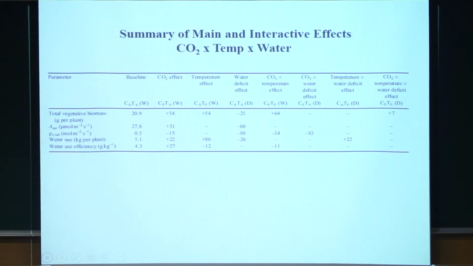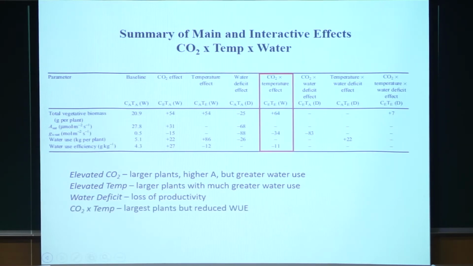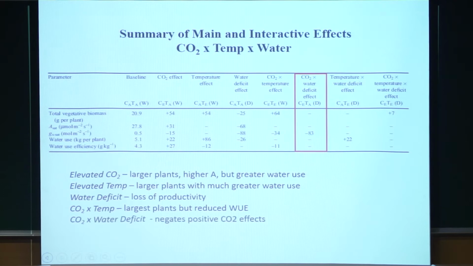So just to summarize the main and interactive effects of this, we found that elevated CO2 gave us bigger plants with higher photosynthetic rates, but also greater water use. Elevated temperature gave us bigger plants, but with much greater water use. When plants had water deficit, there was a certain loss of productivity. When CO2 and temperature were combined, they were the biggest plants, but we had reductions in water use efficiency.